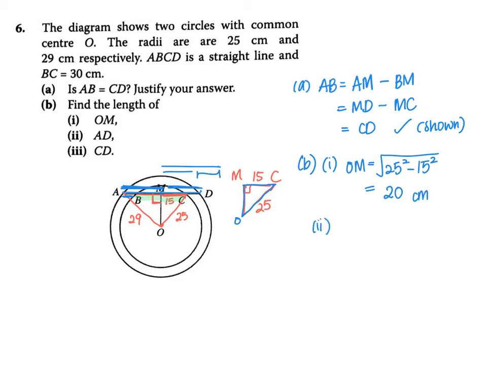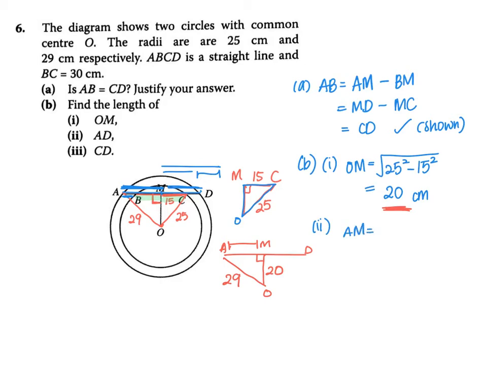Part 2. How am I going to find AD? AD is made up of A to M to O and a radius of 29 cm. I found OM to be 20. What can I find first before I find AD? Oh, I can find AM first. So how do I find AM?